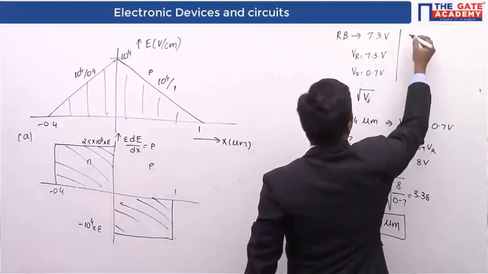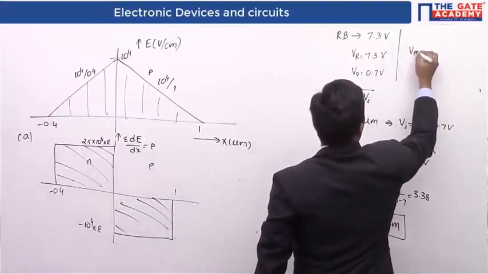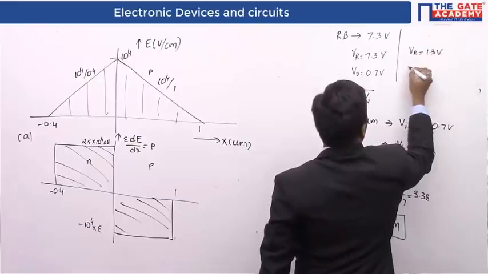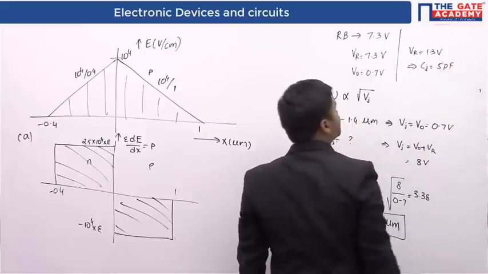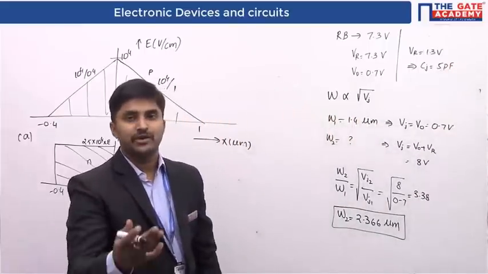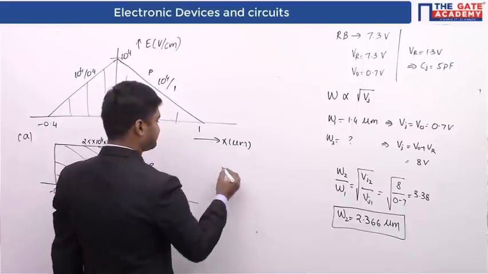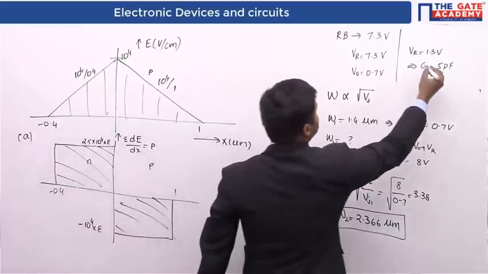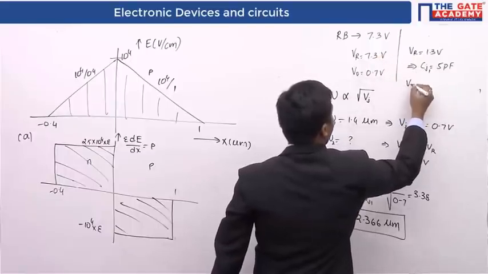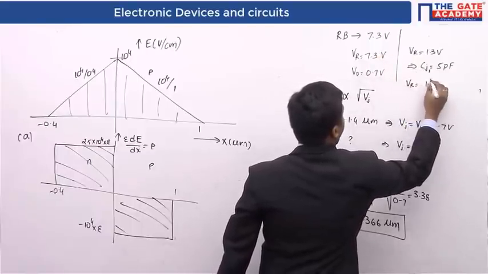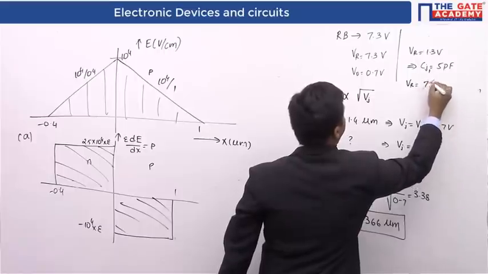For that we can use another data given in the question, which is when the value of VR is 1.3 volts, we got the value of the junction capacitance to be 5 picofarads. So let me consider this as CJ1 and this as CJ2, where 7.3 volts is the voltage.